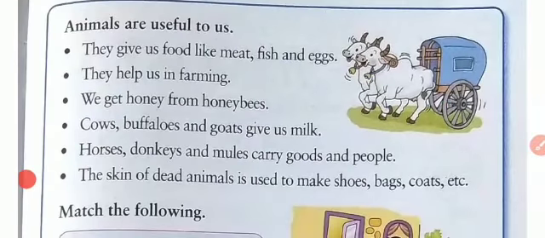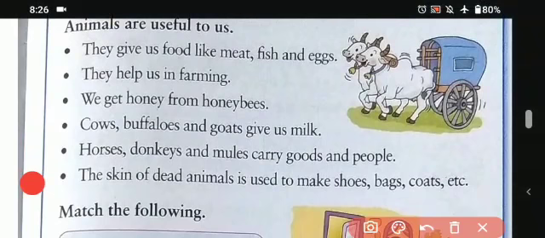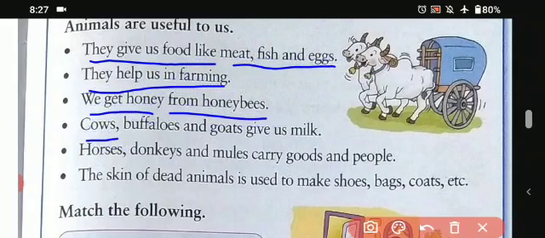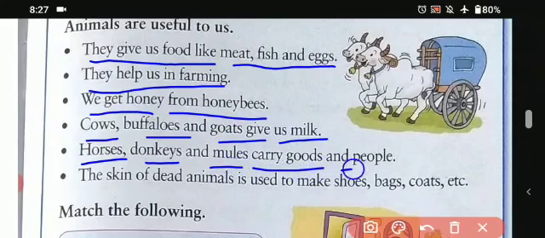Now we will study how animals are helpful for us. They give us food like meat, fish and eggs. They help us in farming. We get honey from the honeybee. Cows, buffaloes, goats give us milk. Horses, donkeys, mules carry goods and people.